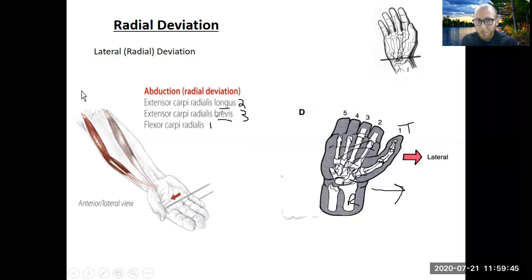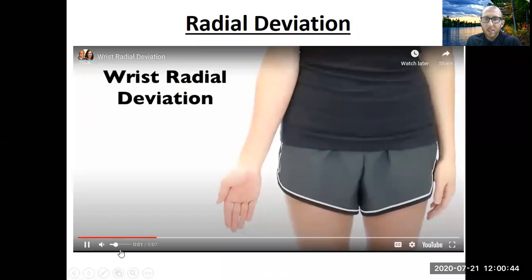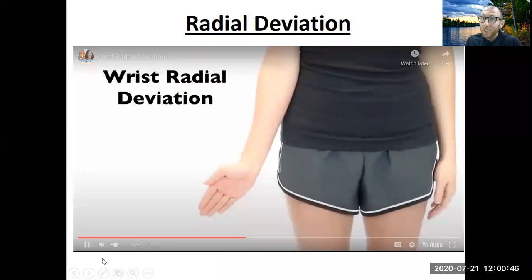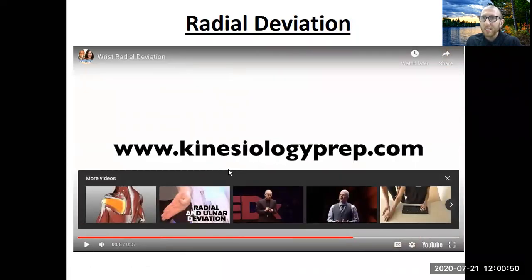So just know longus, brevis, special 2-part muscle here, but you got to label them separately when you're making this list of abduction of the wrist or radial deviation. Know these lists. Know these lists. Or if you want to know more what radial deviation looks like, here's a video. So check that out. Use that to your advantage.